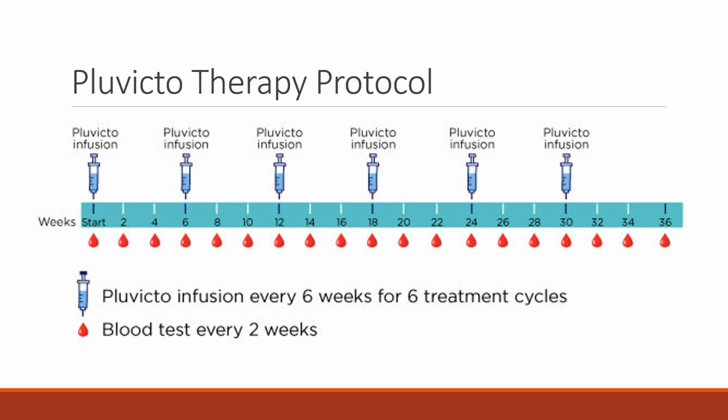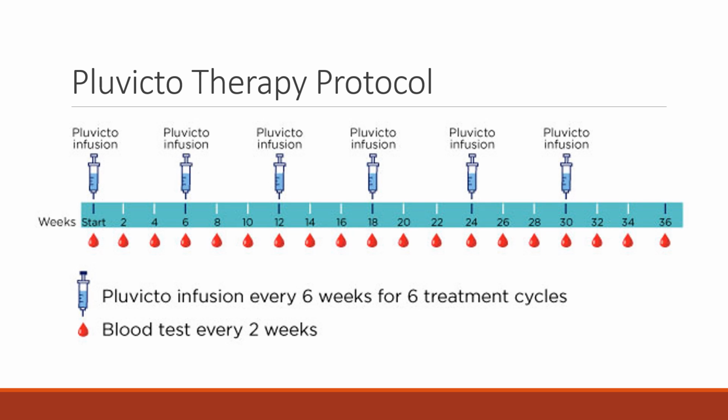All right, this is the treatment protocol. Pluvicto infusion is done every 6 weeks for 6 cycles. These therapies are hard to keep track of. Which ones are every 4 weeks for 4 cycles, 4 weeks for 6 cycles, 6 weeks for 6 cycles. Make flashcards, because that is something that you will be asked and expected to know, but it's very difficult to keep them all straight.